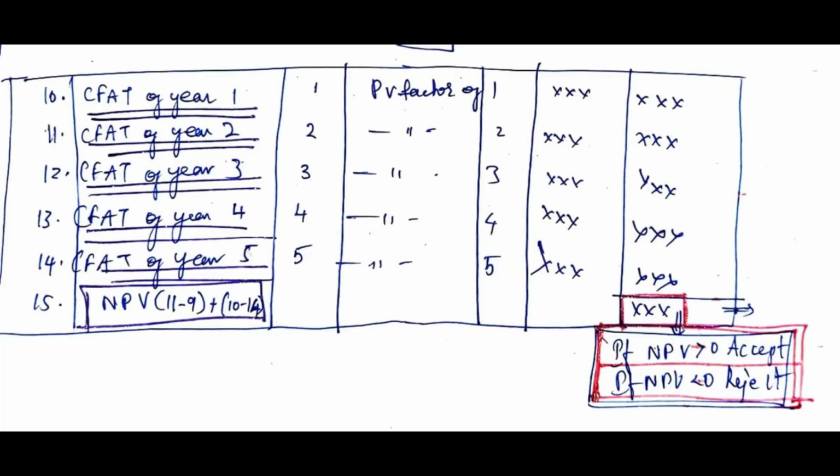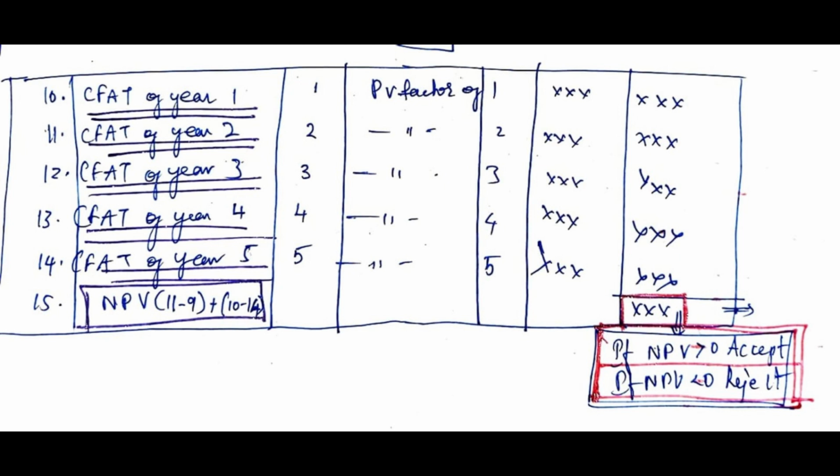Next, how the NPV is calculated. This NPV is calculated from CFAT, that is item 10, CFAT of year 1. This is a continuation of the previous format. CFAT for year 1 comes with the PV factor of a particular year, the amount and the PV value. This goes on to 1, 2, 3, 4. Later on, we calculate the final NPV.